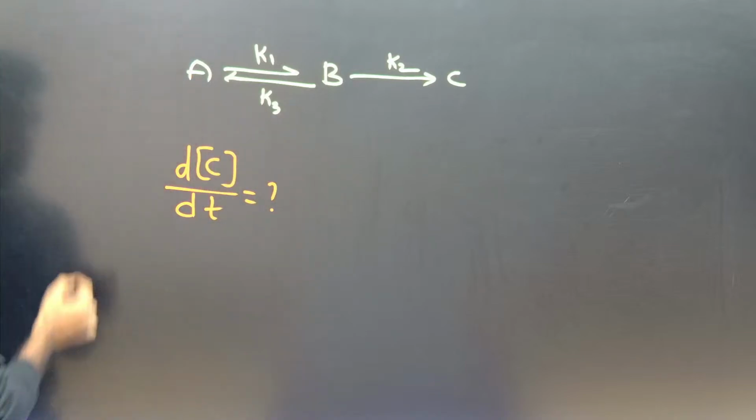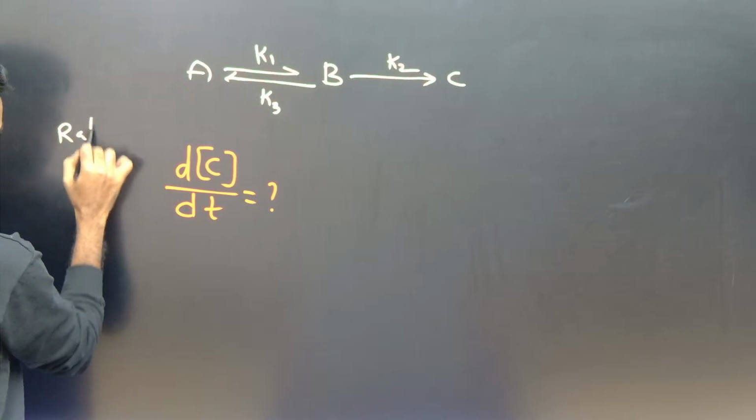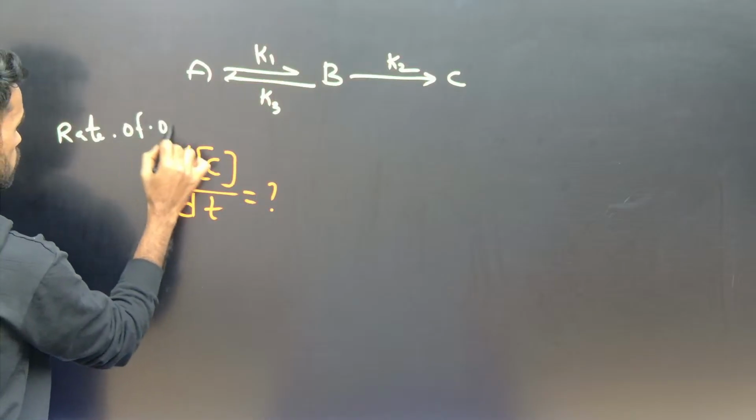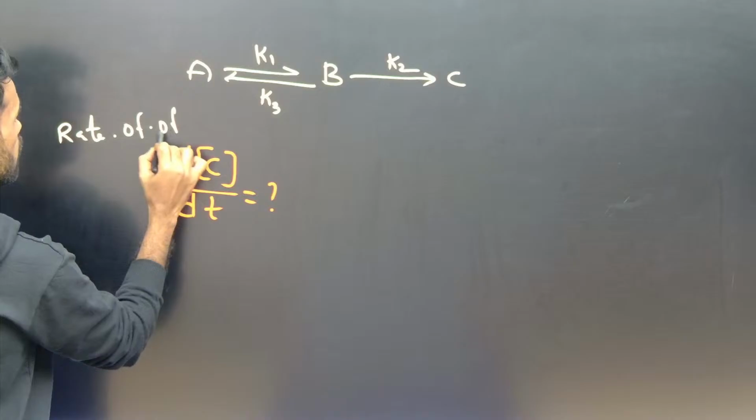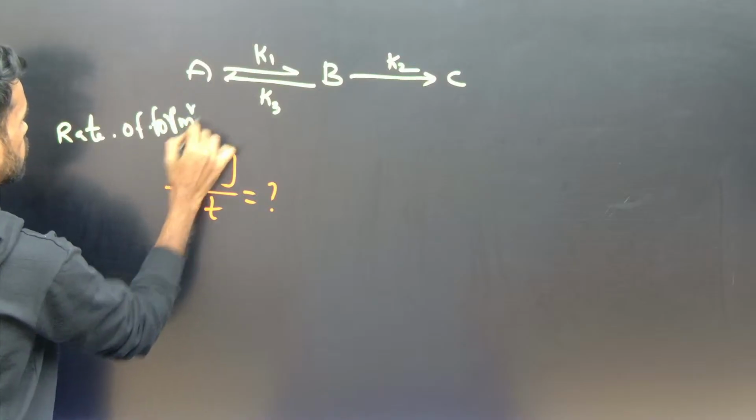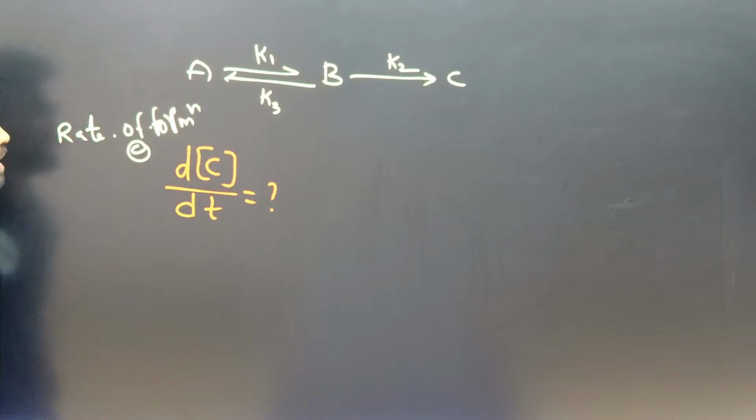They will ask what is the rate of formation of C, that is nothing but dC by dt. How do we write this? Very simple.